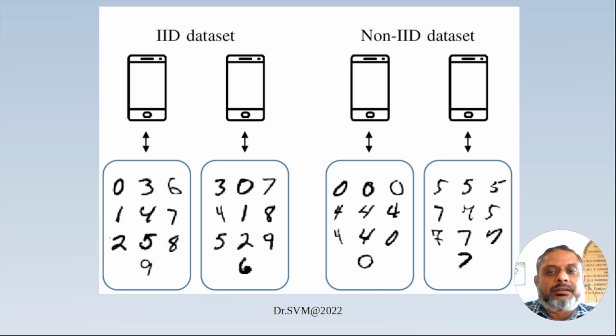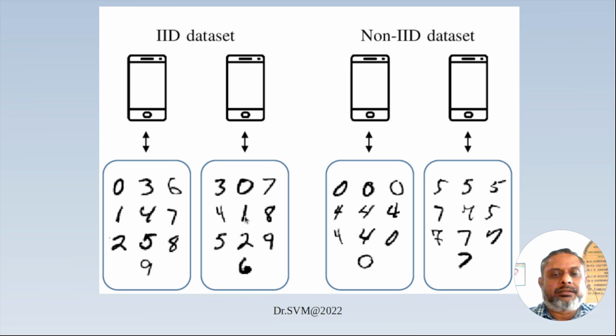Here is a symbolic explanation of an IID dataset and a non-IID dataset. On the left side we have the IID dataset, where we are doing 2 experiments. In the first experiment, we keep drawing numbers randomly and we get 0, 1, 2, 3, 4, 5, 6, 7, 8, 9, all the numbers.